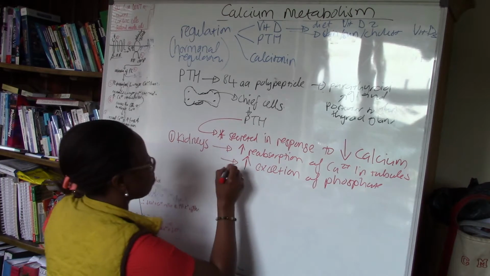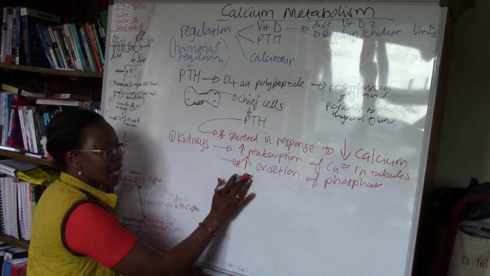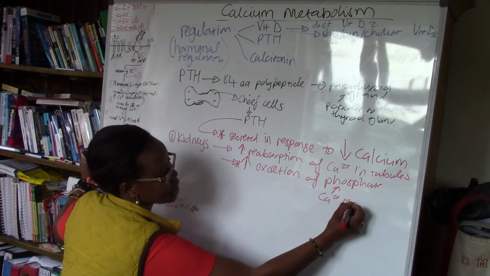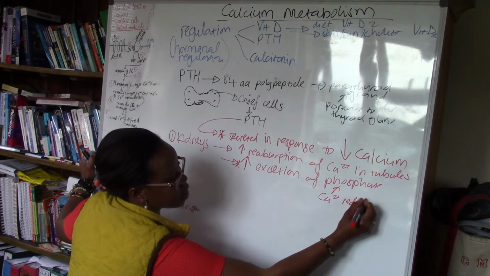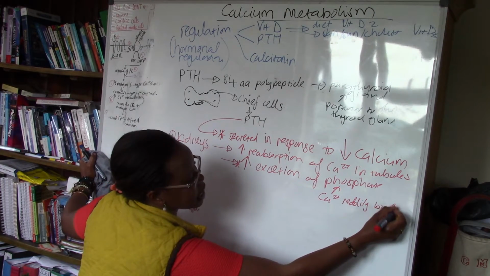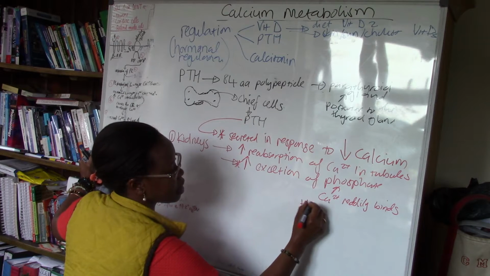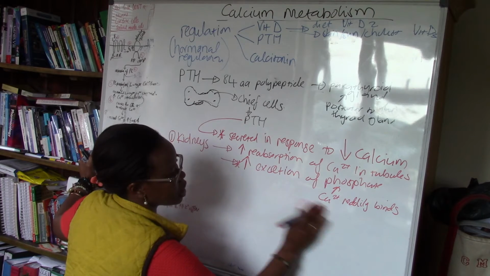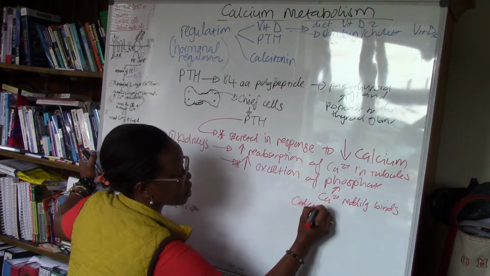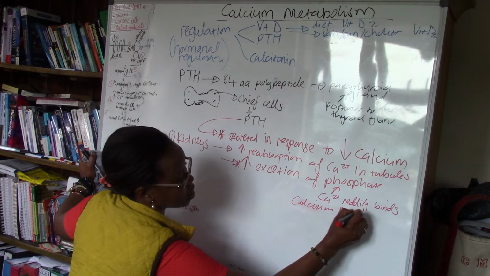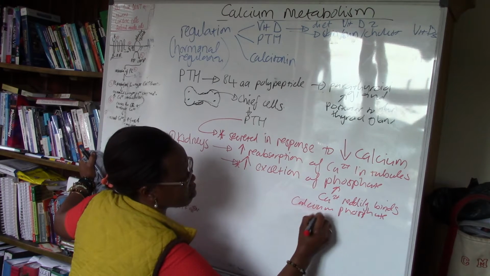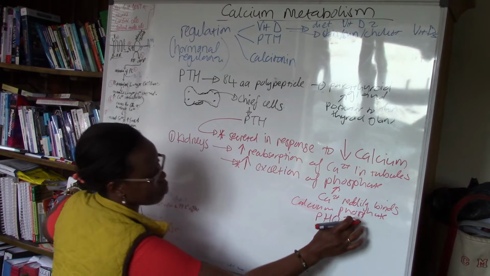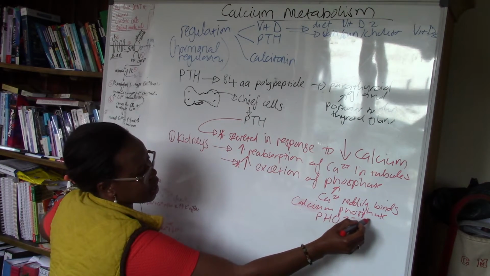And this is quite important because calcium readily binds phosphates. Even in the bone, it's found as calcium phosphate, with the phosphate having a 2 minus charge, and the calcium binds there.